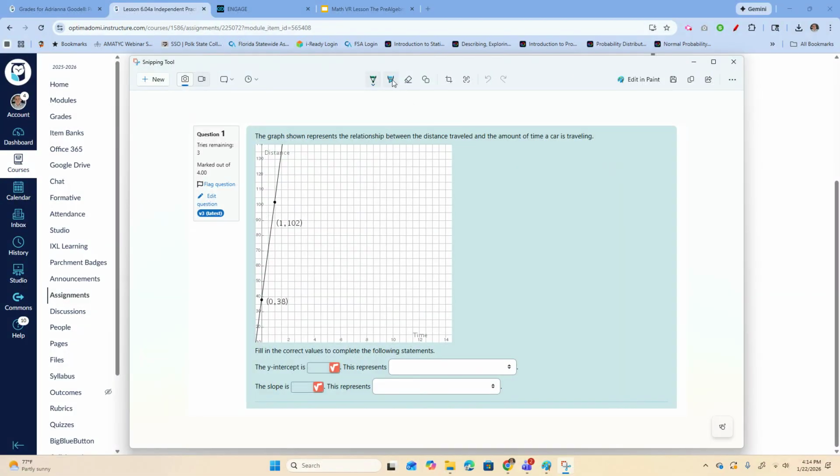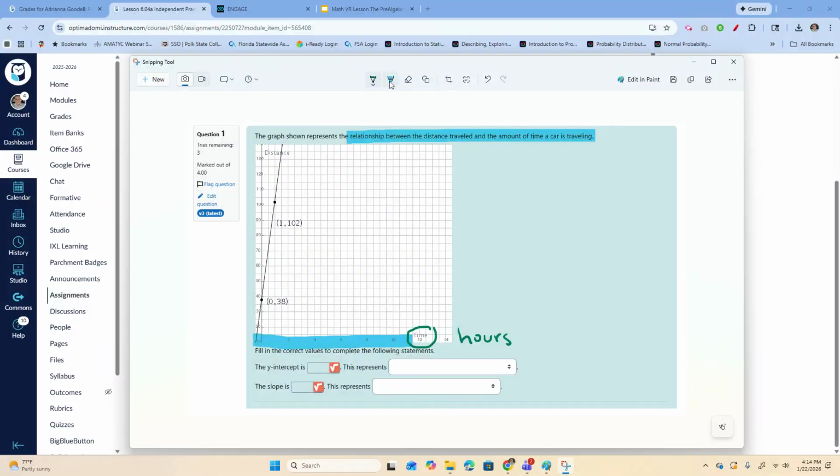So first thing, make sure you read the problem. It says that this graph here is showing the relationship between the distance traveled and the amount of time the car is traveling. If you look at the x-axis, the numbers down here, this is about the time. I'm assuming that the time here is measured in hours.